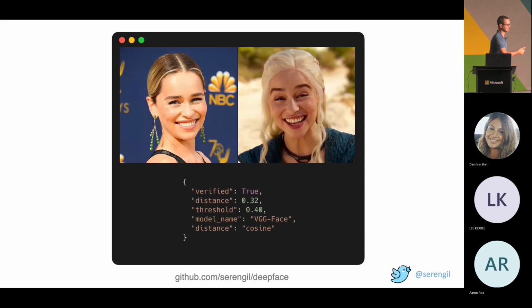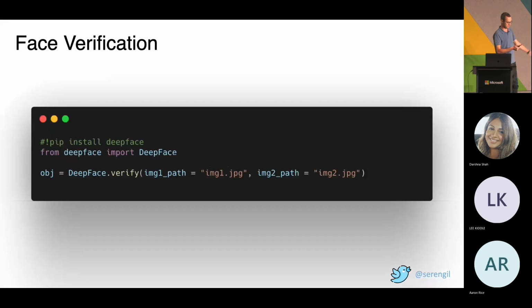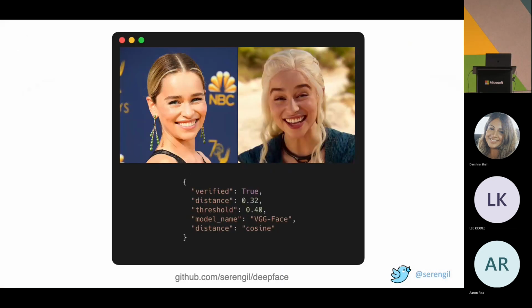So it's less than the required threshold. By the way, the current model is VGG-Face. If you haven't passed anything here, it's going to use VGG-Face and cosine distance to verify faces. So it's verified. It's very easy. We just fed the exact image paths for 2 persons. We know that they are the same person.